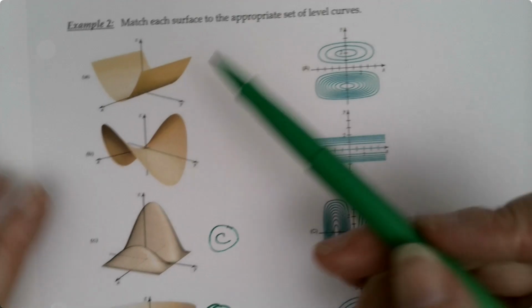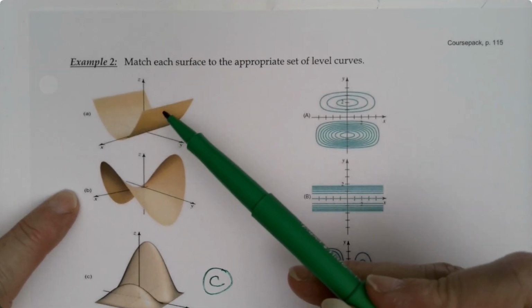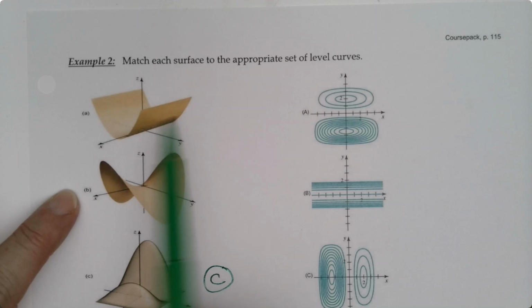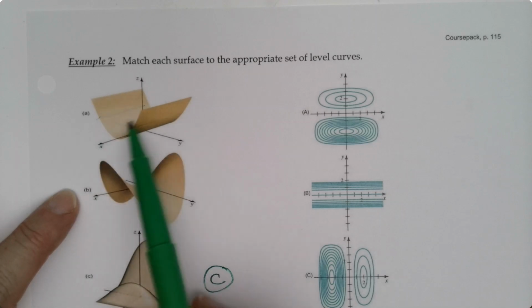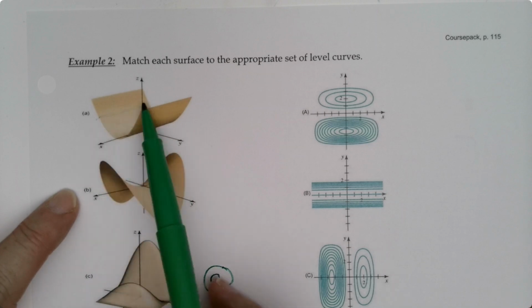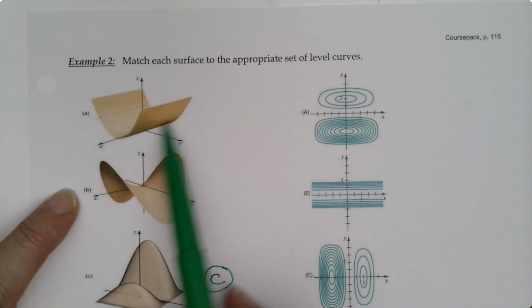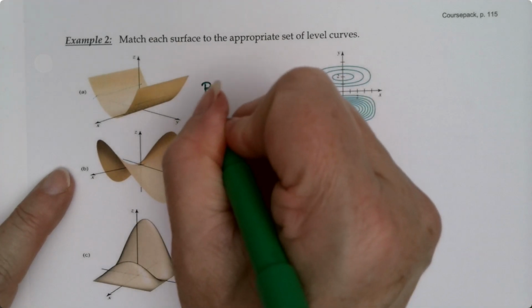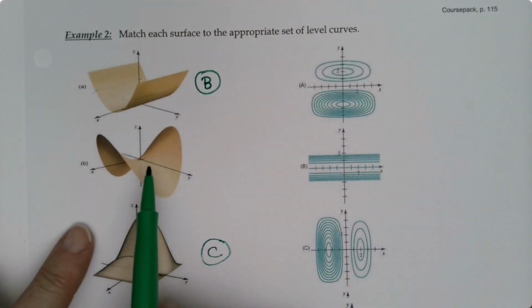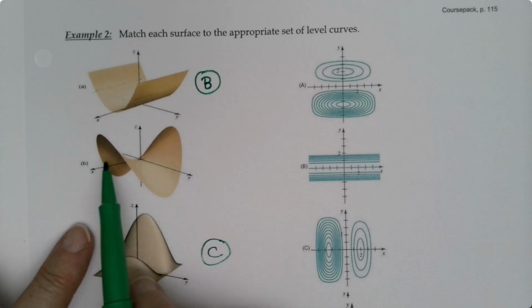All right, so what does that leave us with? That leaves us with this one that looks like a folded piece of paper. So you have to think, if I cut into this with horizontal planes, what would it look like? Well, they'd be lines, right? Lines going from negative x to positive x, horizontal lines, which is that graph right there. So this one's B. And then the most interesting one, in my opinion, this is a saddle shape, right?